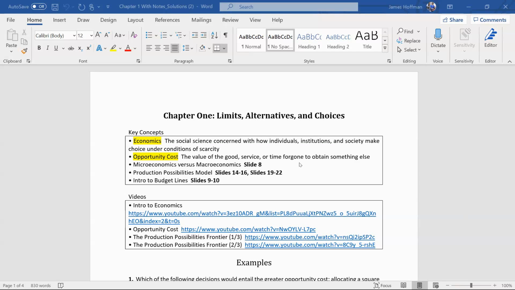Okay, so one or more of you, can you post what the opportunity cost of coming to this lecture is? What's the opportunity cost of being here on this WebEx lecture?